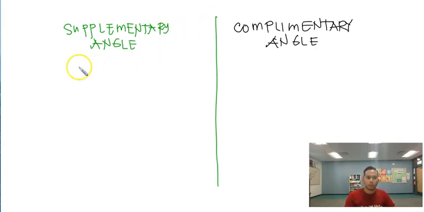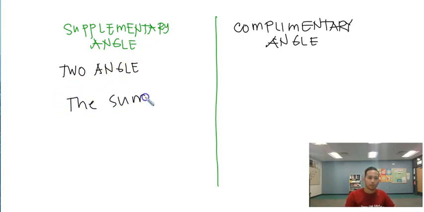These are two angles whose sum of their measures is 180 degrees. When we say sum, it's when you add the two measurements.